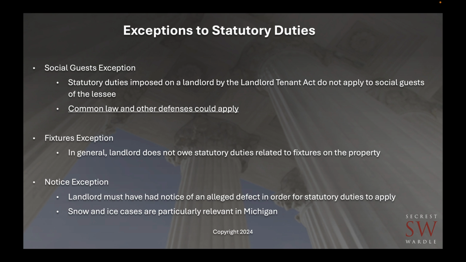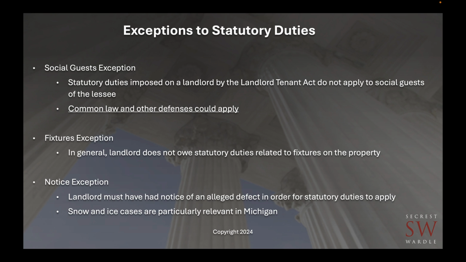Gila Management, LLC, an unpublished opinion from the Michigan Court of Appeals issued back in July 2021, and that person was subsequently injured because of some sort of disrepair that they alleged, they could not bring a claim that the landlord violated the Landlord-Tenant Act. This is because the landlord owed them no statutory duty, and therefore could not be found to violate a duty to someone who is not a tenant or a party to the lease.